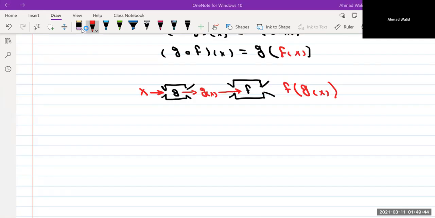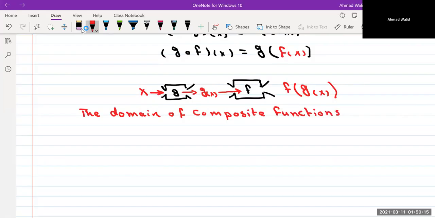Even before examples, let's talk a little bit about the domain of composite functions, for example, f of g.